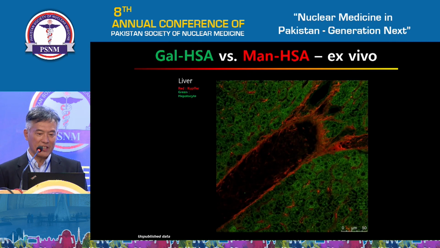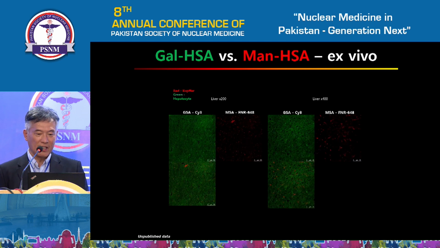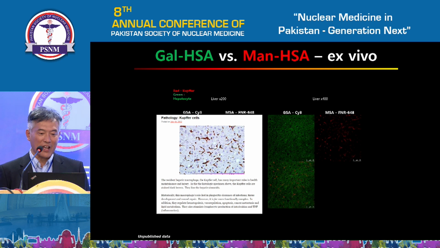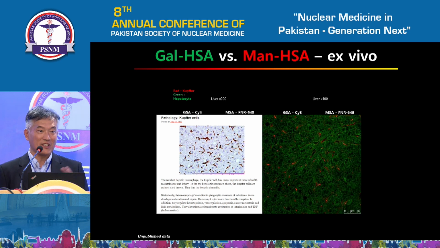But you can see here that galactose-labeled albumin shows only hepatocytes, while mannose-labeled albumin shows only the Kupffer cells. I found in the textbook that our imaging and the textbook are almost the same. This is the ex vivo imaging: we simply mixed galactosyl albumin and mannose albumin, injected IV, and after getting the liver tissue, we can see the staining pattern.